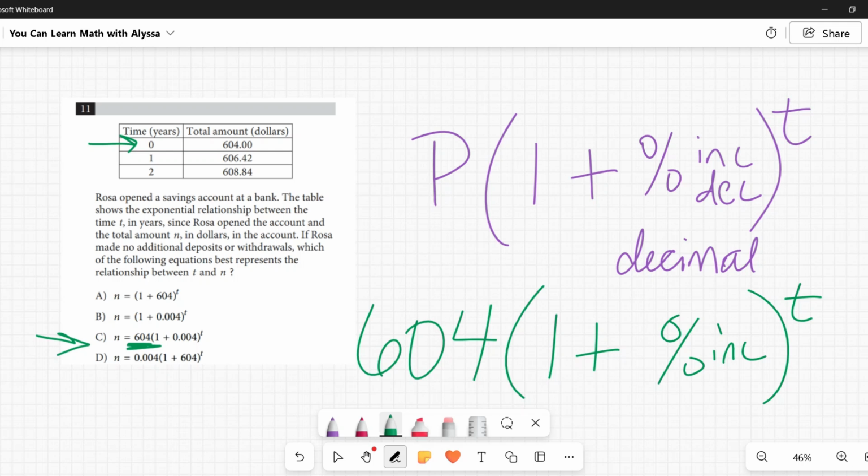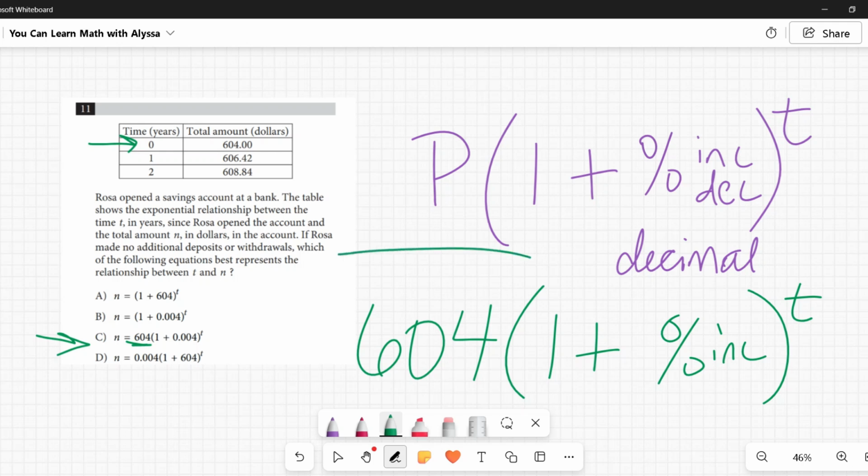The only one that has a number out in front, and it's the correct number, is C, where 604 is out in front. And you can also see that this one has a 0.004, that one has it, that one has it. And that's the only decimal that's in there. So that's clearly what should be going here if we were going to fill out this whole equation. But we don't even have to do that calculation because it's the only one. It's got 604 in front.